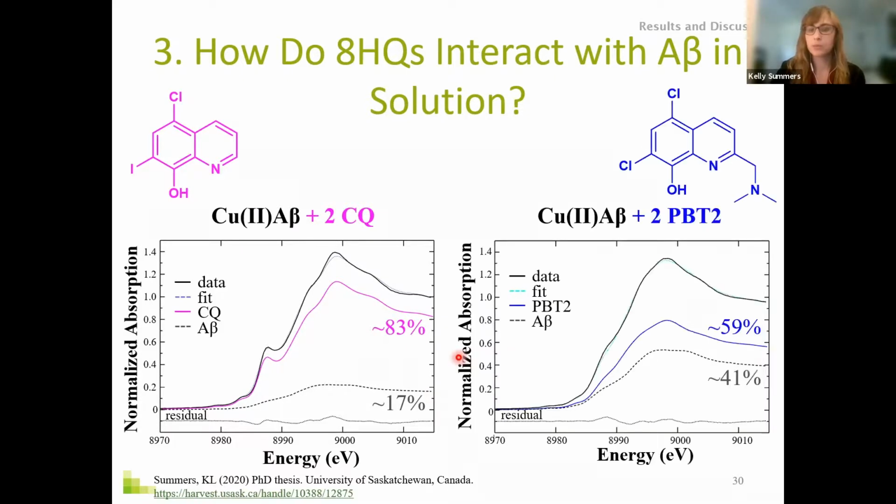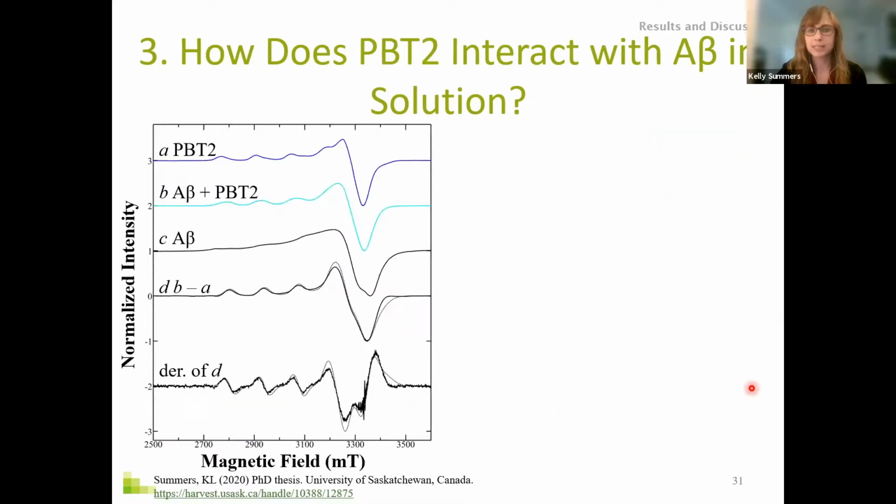When we did the same thing with PBT2, we found that only about 49% of the copper could be pulled out of amyloid beta by PBT2. About 41% of the copper remains bound to the peptide. And actually, we're going to jump away from XAS for just a moment because it's a little bit easier to see what's going on when we did some EPR.